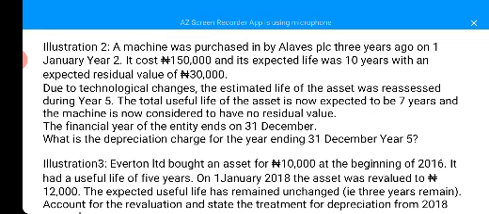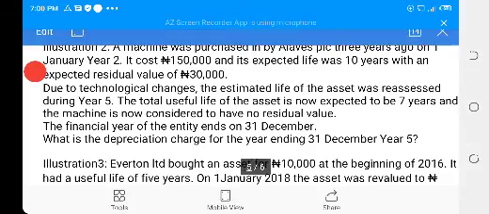Due to technological changes, the estimated life of the asset was reassessed during year 5. The total useful life of the asset is now expected to be 7 years, and the machine is now considered to have no residual value. The financial year of the entity ends on 31st of December. What is the depreciation charge for the year ending 31st of December, year 5?